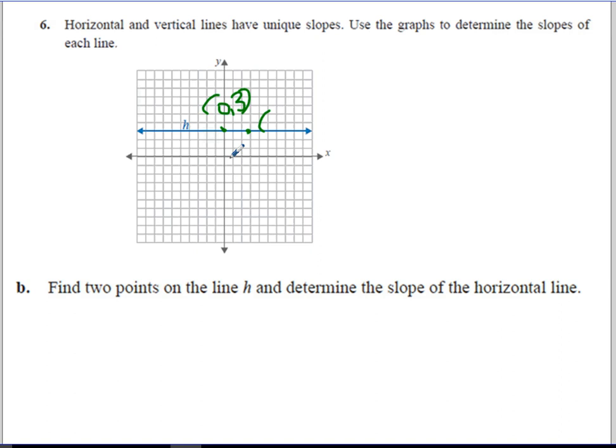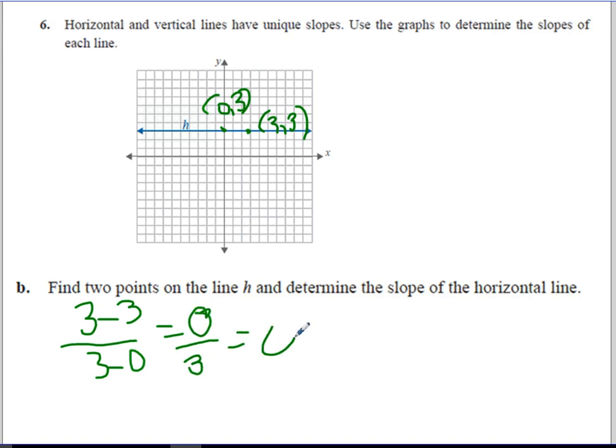And this one we went right 3, up 3. And so if we're subtracting, we'll have our y minus y over x minus x. So we get 0 on the top instead of on the bottom over 3. So that's just 0. And so your slope of a horizontal line is 0.